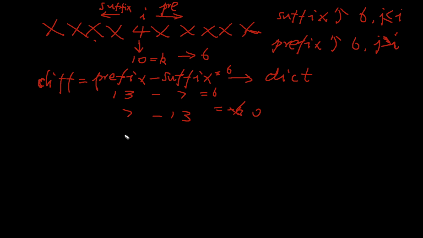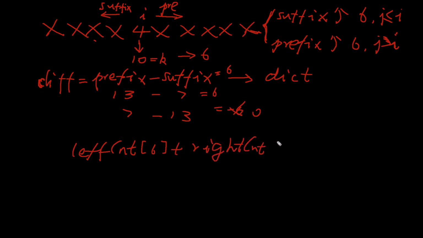Yeah, I think that's it, right? Basically, if we go back to this one, if we have two counts for the left side and the right side to store the original difference, it's going to be a left count, for example, this one 6, plus the right count 6.